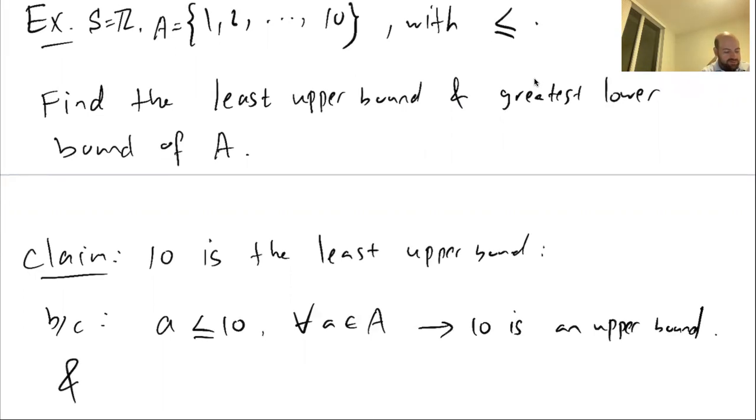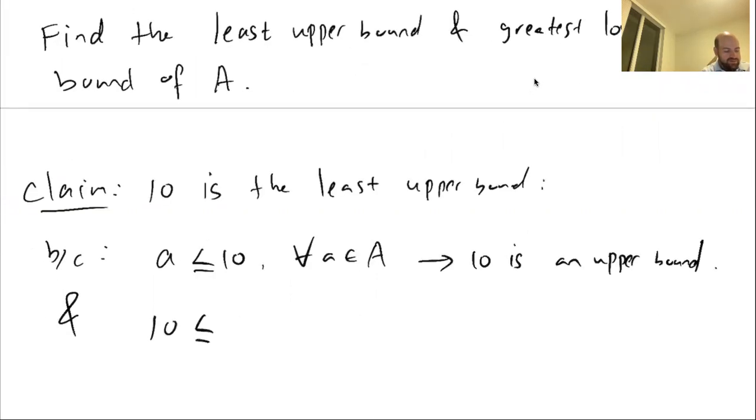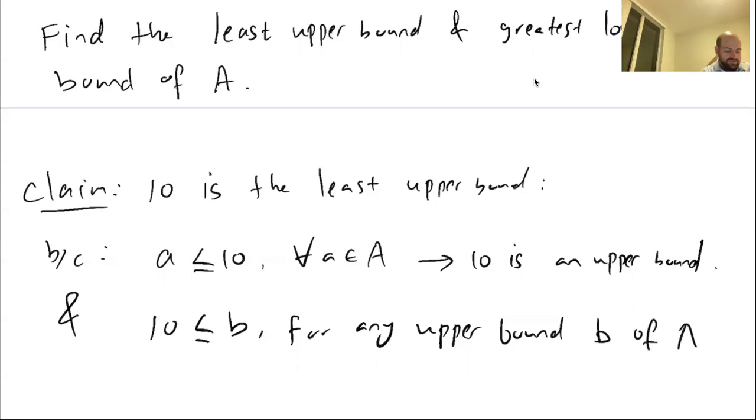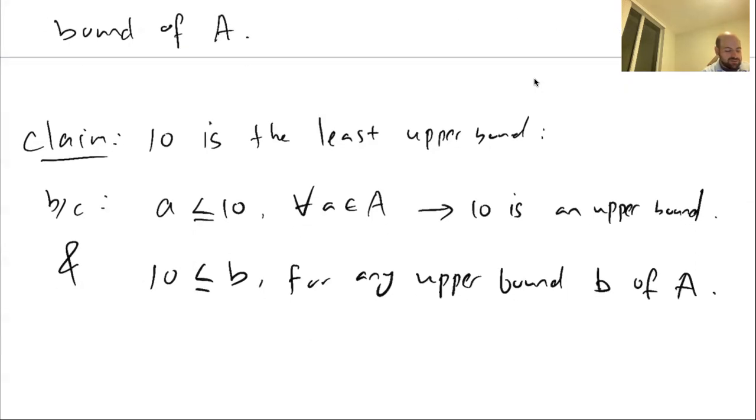And also 10 is less than or equal to B for any upper bound B of A. 10 is an upper bound, and it is also the least upper bound, meaning that it is less than or equal to any upper bound B of A. Why is that true?